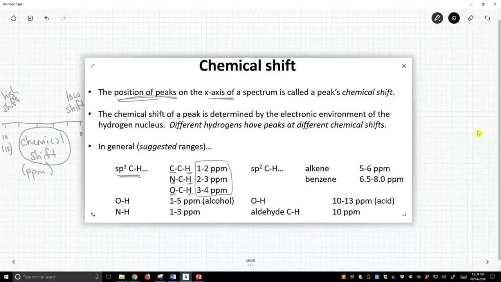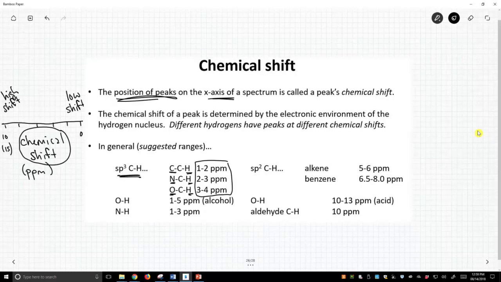The 3 to 4 range means the hydrogen is on a carbon that's next to oxygen.